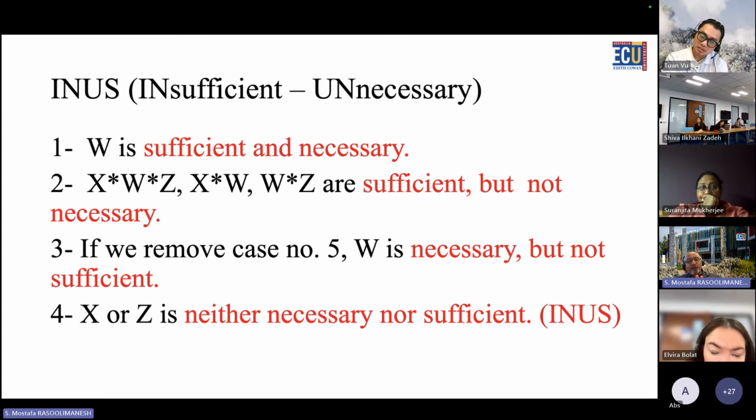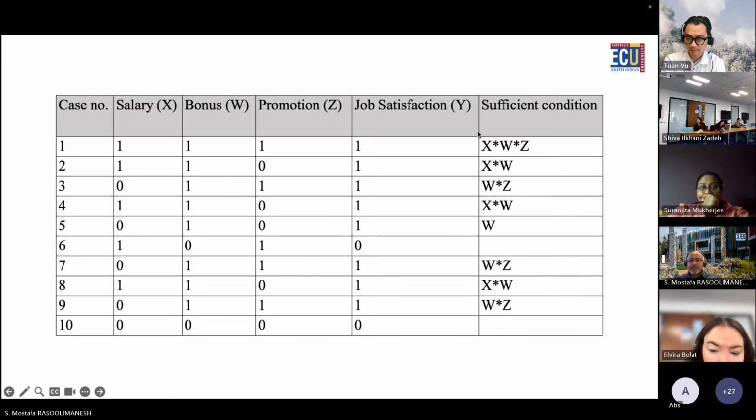So here we can have 4 different situations. Here you can see W. W is repeated. W is part of all conditions that lead to a high level of satisfaction. For cases number 1, 2, 3, 4, 5, you can see W is part of the factors that create a high level of job satisfaction.